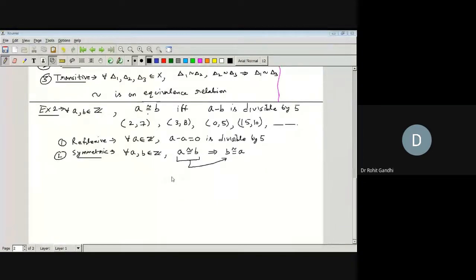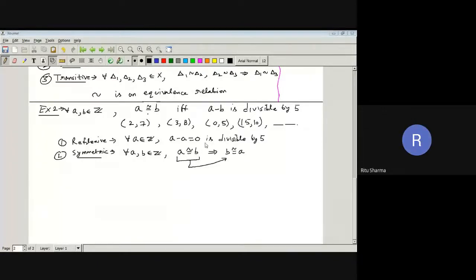Yes, Ritu, tell me how you will prove this. What is given to us? a and b belong to the integers, and a is related to b.